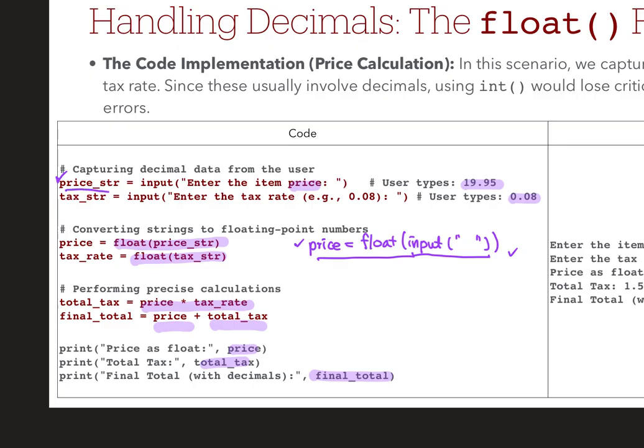If you don't want to introduce a new variable, then you can combine this into one. If you write it in two lines, it's easier to read, but I need to introduce another variable. If I write it in a single line, I don't have to create a new name for a variable, but it's a little bit more difficult to read than the expression in two lines. So it's a matter of choice, preference. And similarly for tax rate.